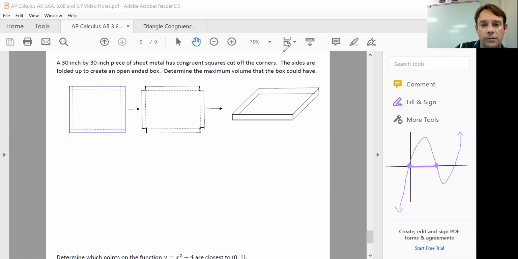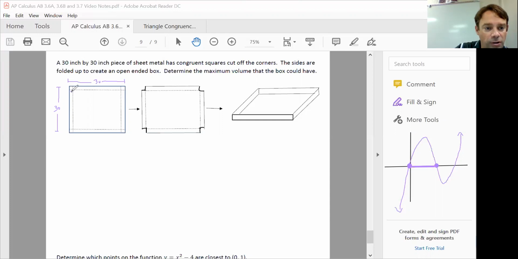I have some 30 by 30 inch piece of sheet metal. And what it says we're going to do here is cut off the same length from each side.